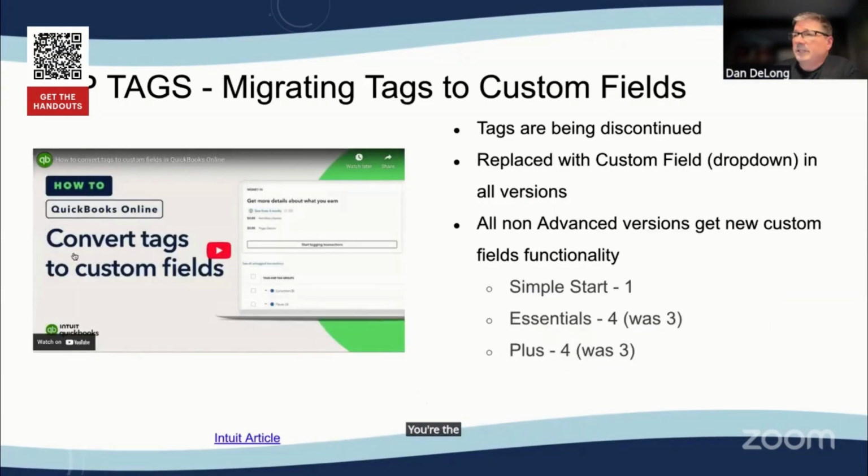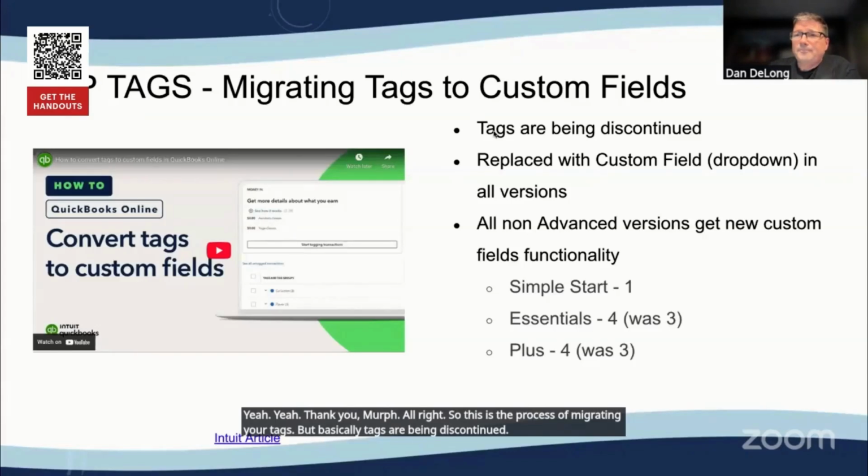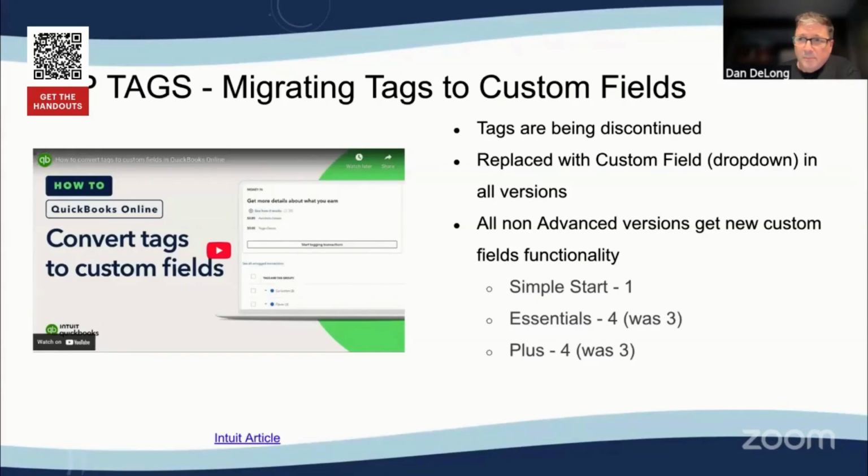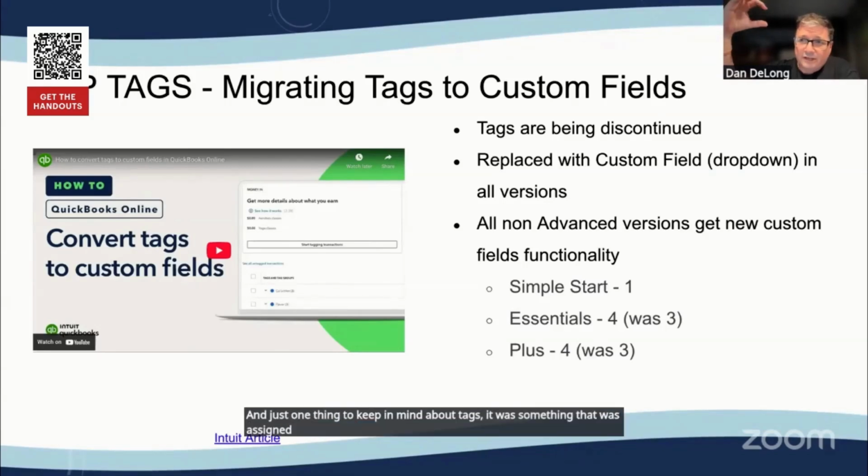All right, so this is the process of migrating your tags, but basically tags are being discontinued. And just one thing to keep in mind about tags, it was something that was assigned on the transaction level, not on the line item detail. So that leaves a bit of a challenge to try to figure out what to do with this.